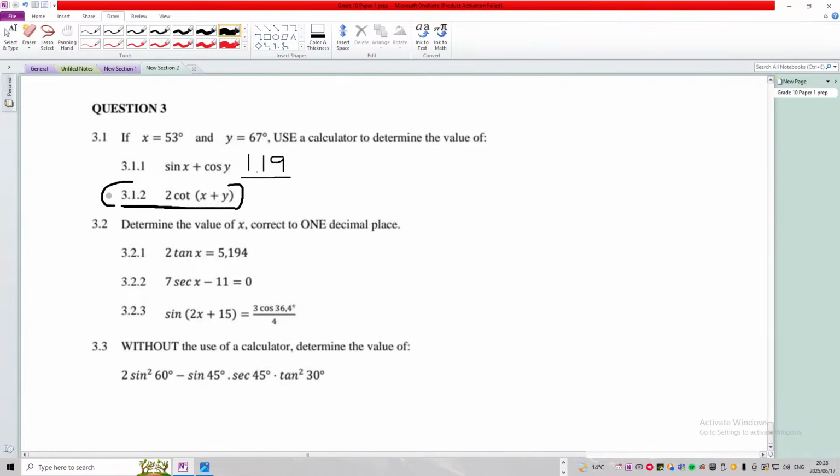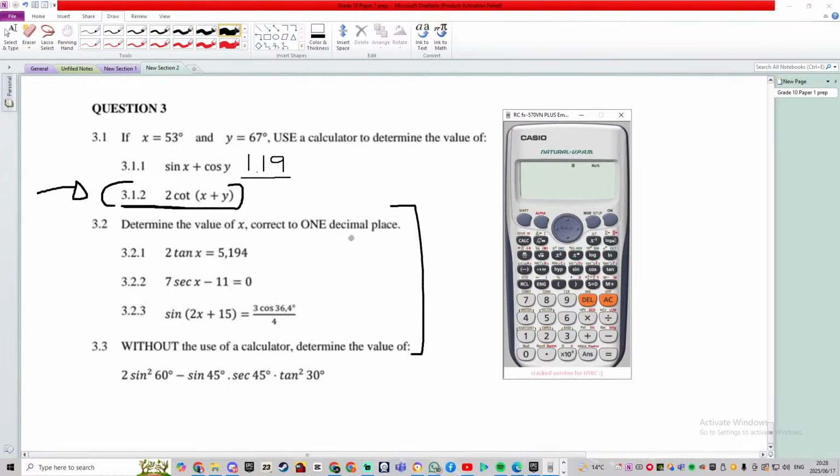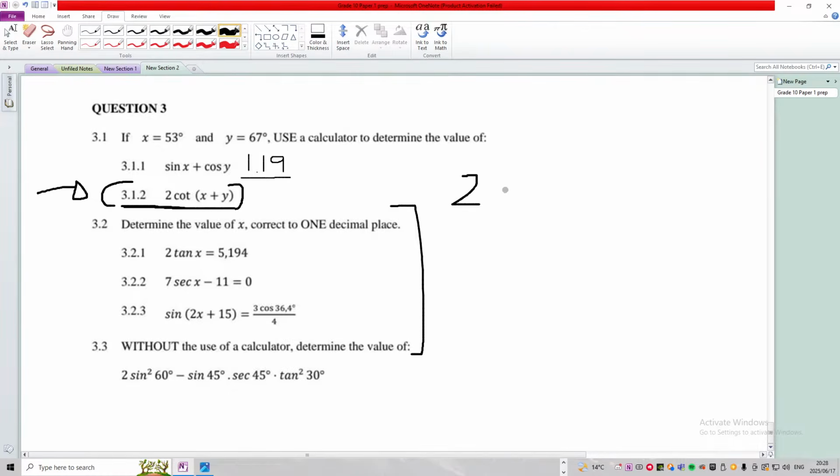Type your answer for this one. Then I'll move on. If you got it wrong, we're not skipping anything. Ah, message retracted. Okay. So, for this one, it's going to be 2 cot. Now, the 2, must remember, the 2 is not part of the cot. The 2 is just being multiplied by the cot. The cot is 1 over 10. So we're going to change it to 1 over 10 and you're going to put x plus y like this.